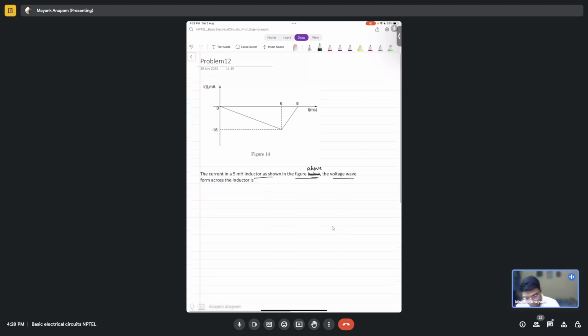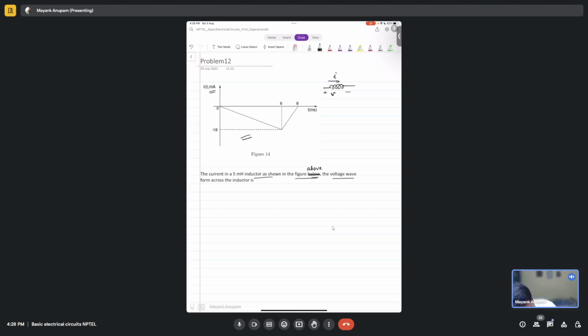So what do you think? This is the current waveform in the inductor. Let's assume that this is an inductor and the current flowing through it looks something like this. Now what is the voltage across it? What will be the waveform of the voltage across it?